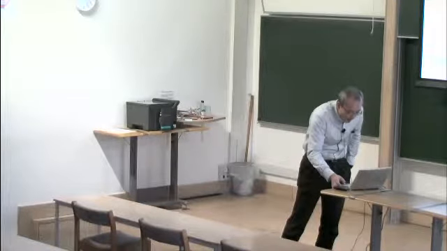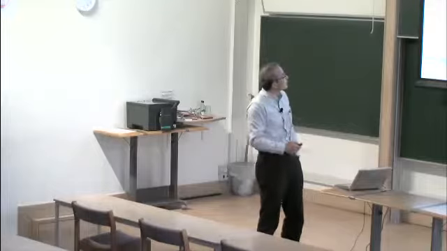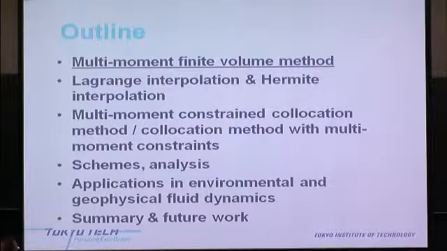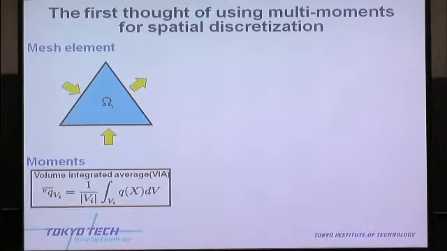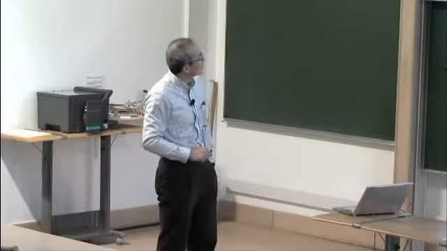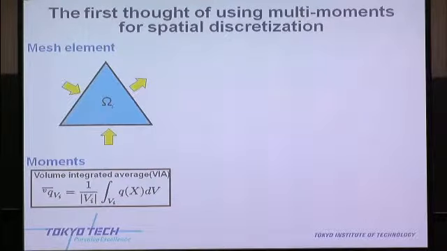First, I will talk about a very basic idea to use multi-moment to construct a finite volume method. We start from the finite volume method. This is the control volume, and in a conventional finite volume method, we need this volume integrated average like this, defined this way. If we want to update a time evolution equation for Q, the physical variable Q, we need to calculate the numerical flux.